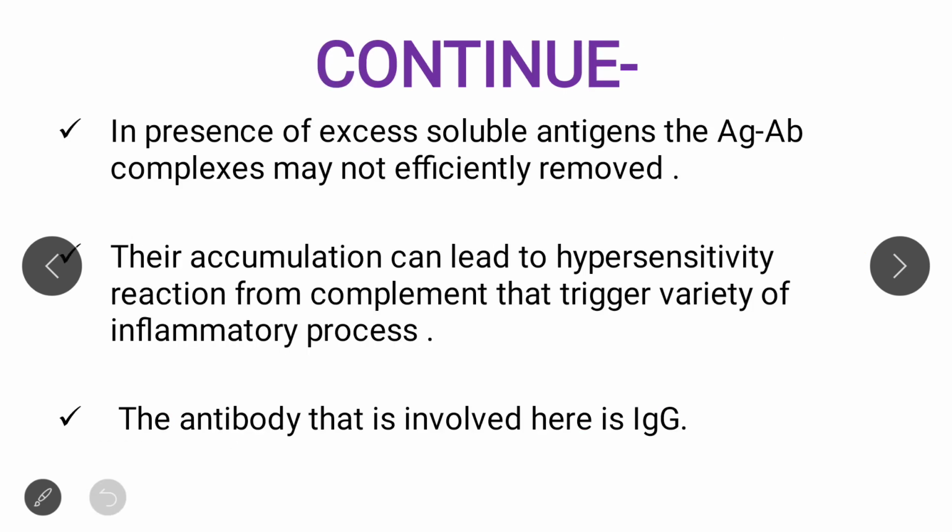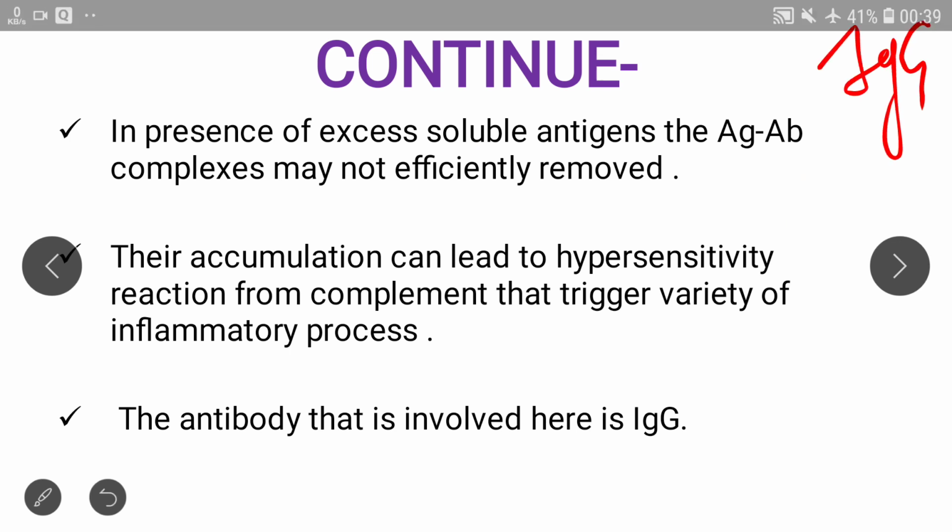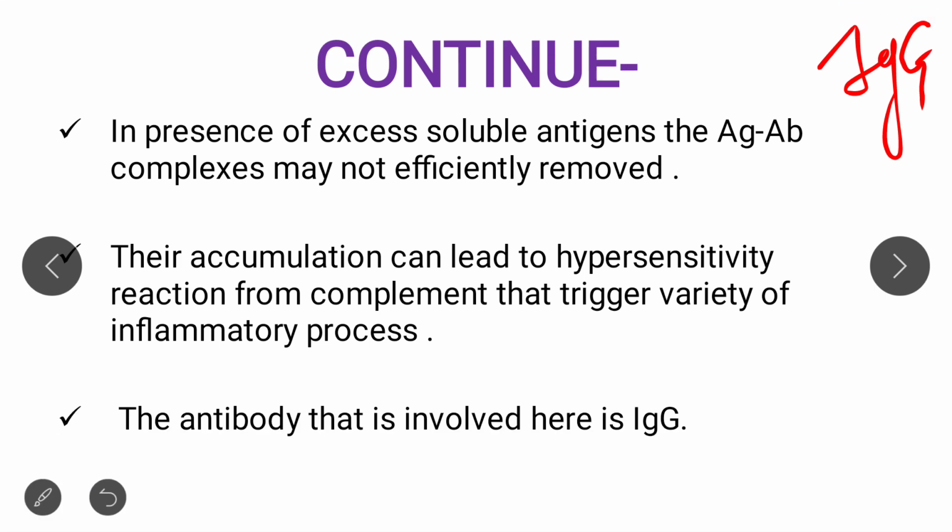Next, in type 3 hypersensitivity, as I already mentioned, it is IgG immunoglobulin mediated. Clear? Next, when excess soluble antigens are present, then the antigen antibody complex is not efficiently removed.